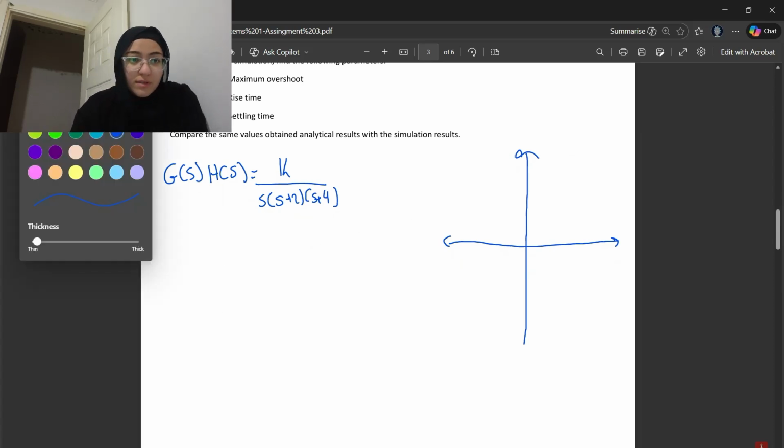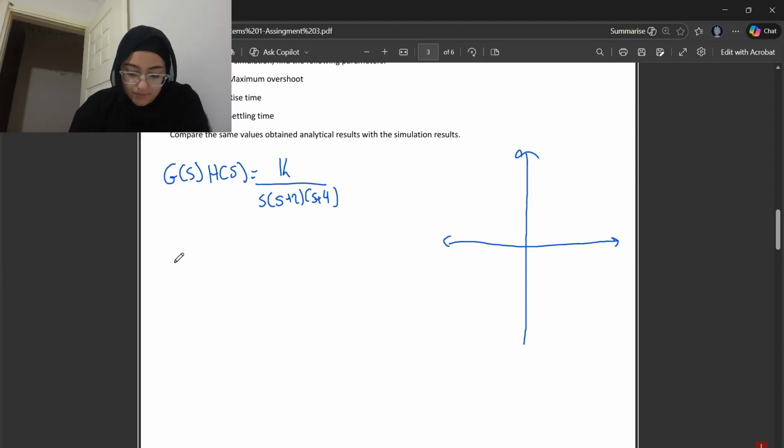To draw the root locus diagram, first we need to find the zeros and poles. Here it's supposed to be zeros and here poles, but we don't have zeros.